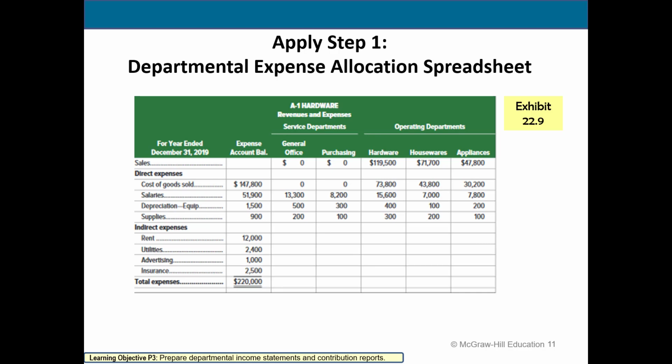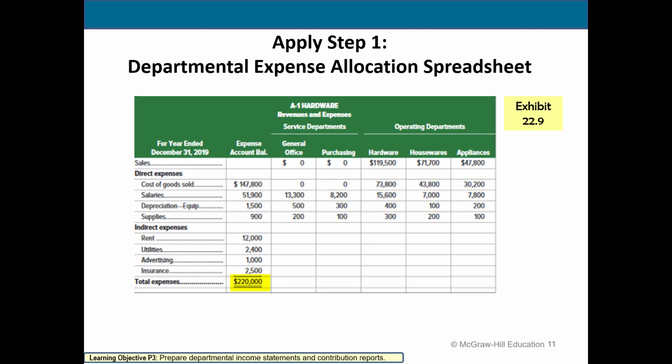In step 1, we will show the direct and indirect expenses by department. The total amount entered in the expense account balance column is equal to the individual amounts located under each department, service and operating.